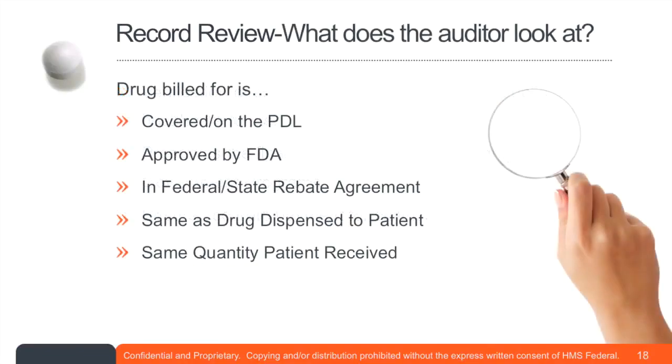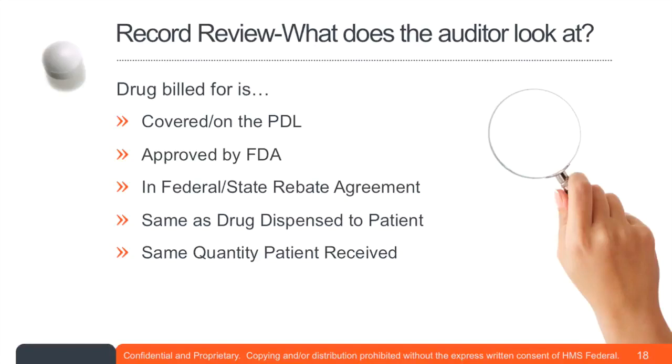Okay, so now we're moving on to the record review and what the auditor actually looks at. The auditor is looking at the records that the pharmacy turned in to make sure that the drug that was billed for was actually covered, that it's on the PDL, or preferred drug list.